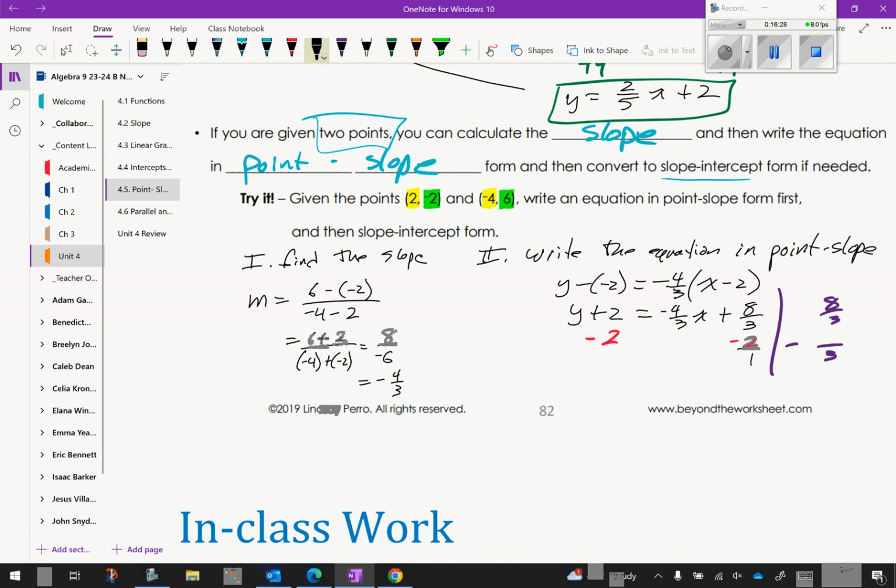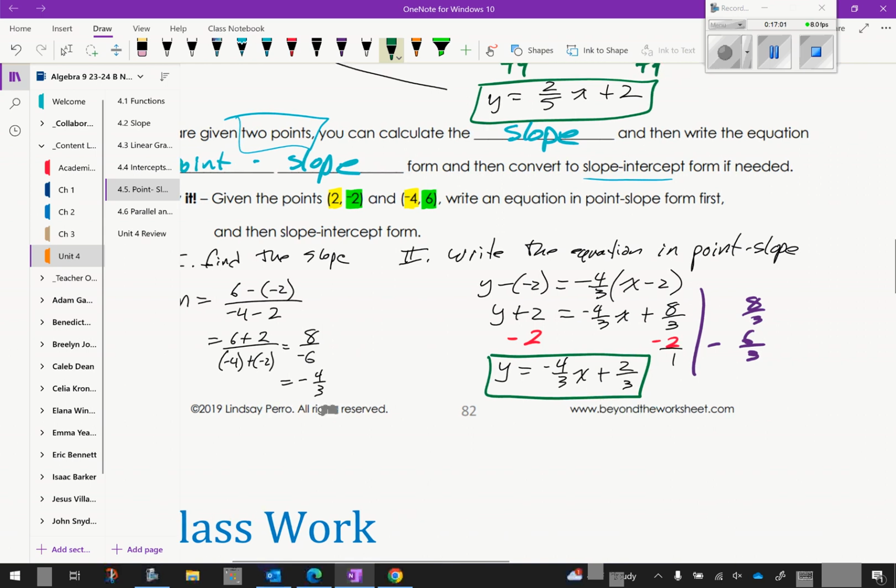Negative 2 over 1 would be the same thing as negative 6 over 3. And now when I add 8/3 plus negative 6/3, that'll give me still plus 2/3. Not pretty, but it's accurate.